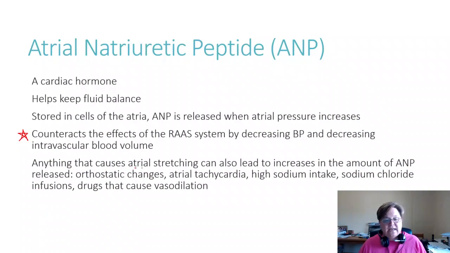So if we have an extra atrial stretching, that can lead to increases in the amount of ANP released. So if our patient has atrial tachycardia or a high sodium intake, drugs that cause vasodilation, or their blood pressure drops, all of these things will increase the amount of ANP that's released, and our blood pressure will drop. So it results in a dropped blood pressure.